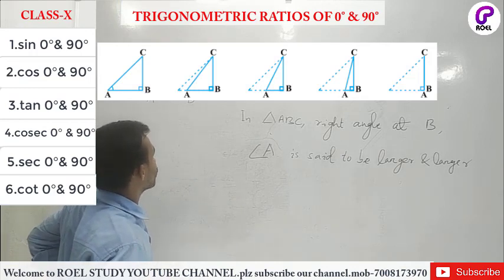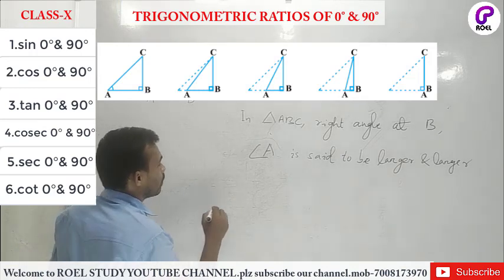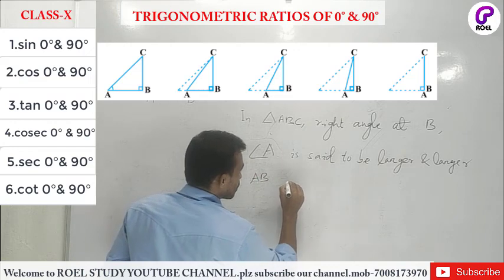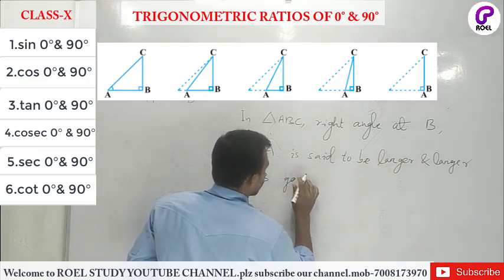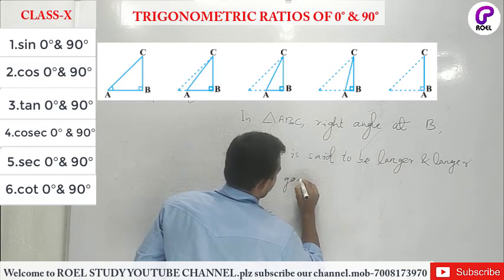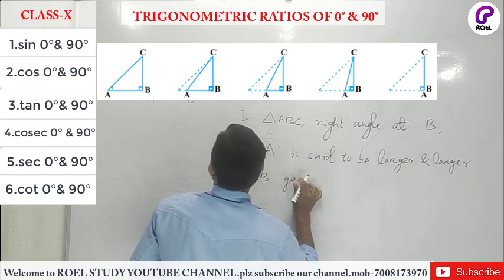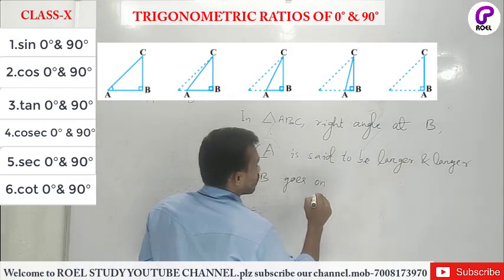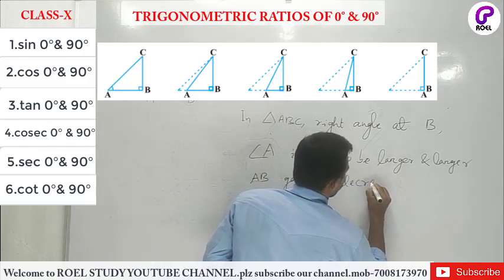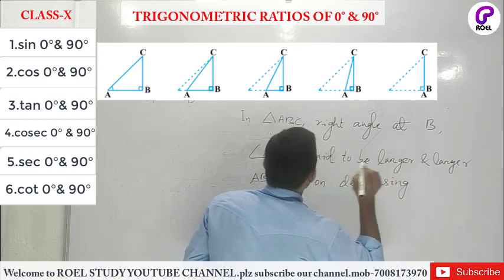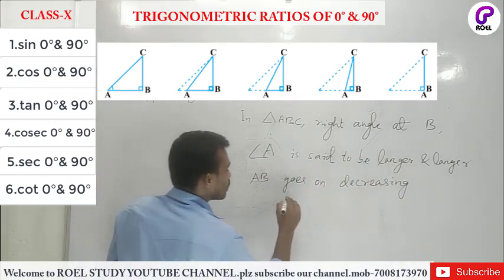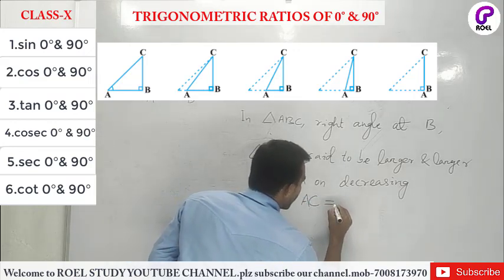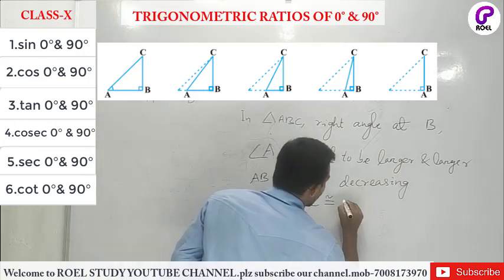So AB goes up, decreasing. AB goes on decreasing. Then AC will coincide with side BC.